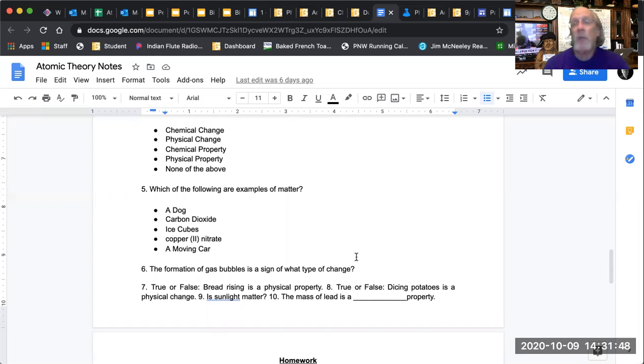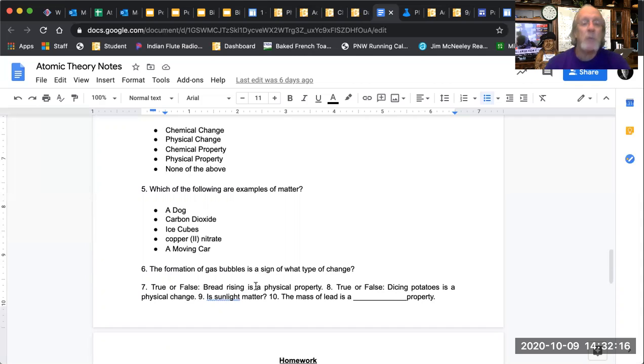So when the soda pop is under pressure, the carbon dioxide is dissolved in the water. When you open the bottle, the gas is released. So that's a physical change. We're just moving the gas from one spot to another. However, generation of gas is something we also look at for whether a chemical reaction is occurring. So this one could be either one.